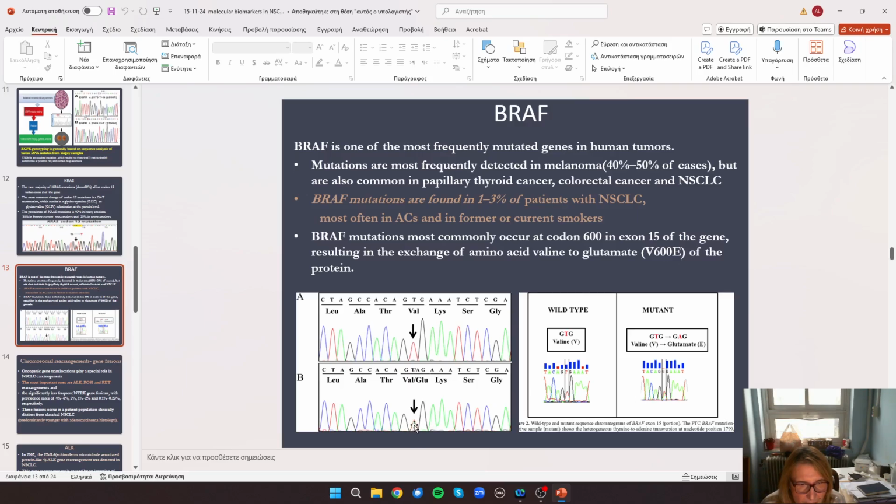We can see two peaks. Some cells have thymine and some cells have adenine. So the resulting protein with this mutation is a mutated one and is targeted with a specific protein inhibitor.